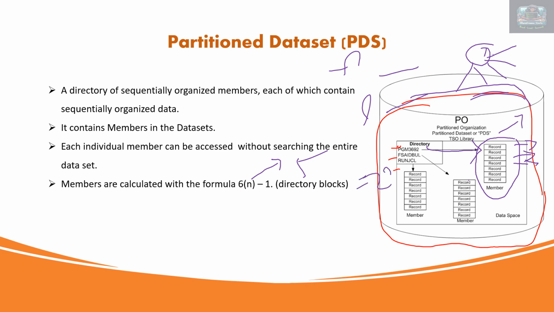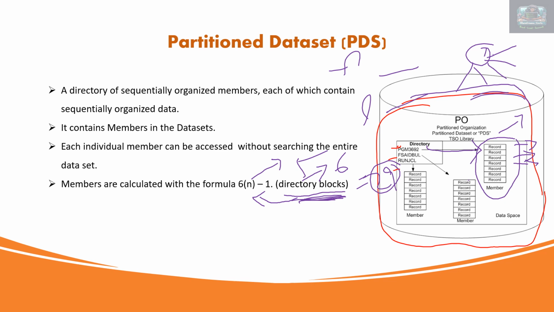While creating a PDS file, it will ask you how many directory blocks you need. In this, the number of directory blocks is n. So if you give directory blocks as 6, then in that library you can put 6 sixes, 36 minus 1, meaning 35 members.